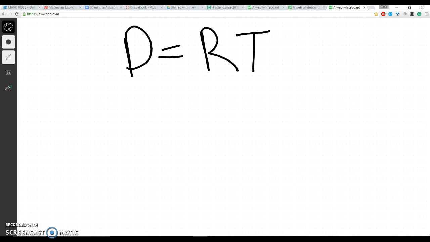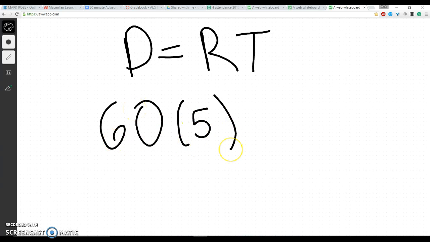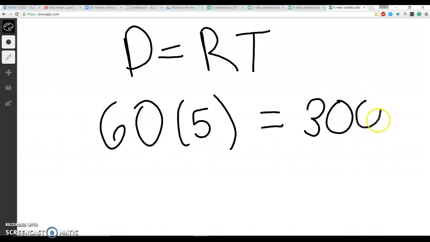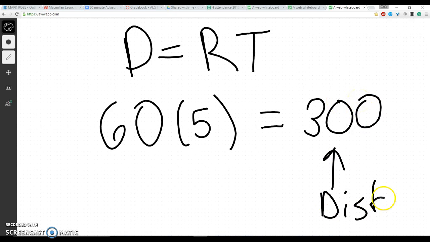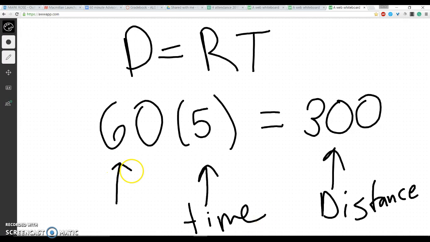If you're going 60 miles per hour and you drive for 5 hours, and I'm going 60 miles per hour for 5 hours, I'll have gone a total of 300 miles. So there's my distance, there's my time, and there's my rate.